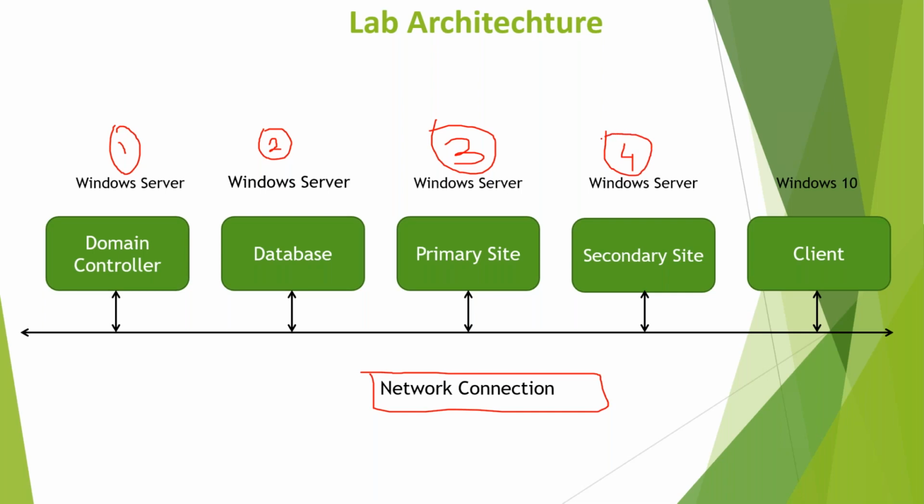These are 4 different computers we have to create, and then we need one client machine. So 5 different computers we will have in the lab architecture, and all of them will be on the same LAN network so that they can talk to each other. Understood? Clear?